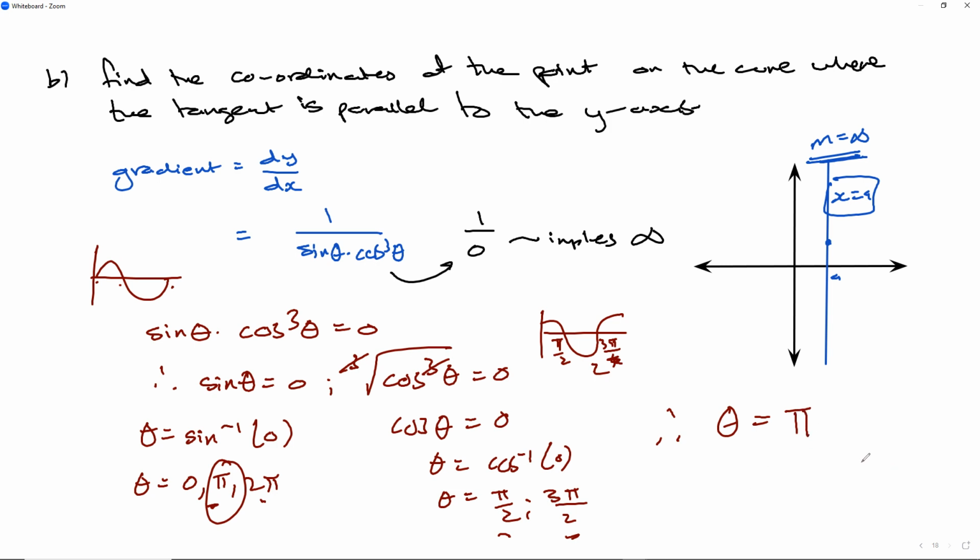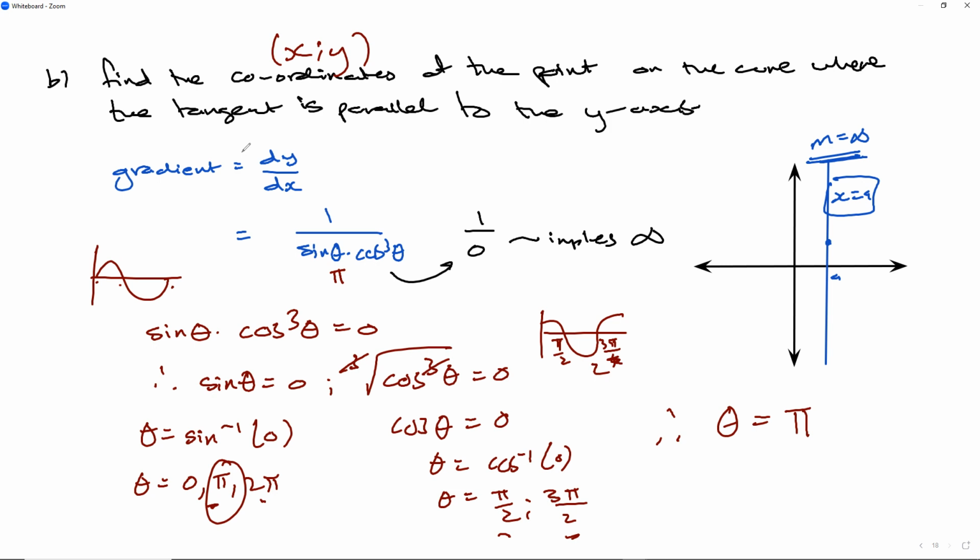And if theta is equal to pi, that means I can put pi into that. And we want to find the coordinates of the point on the curve where the tangent is parallel to the y-axis. So we want to find the x value and we want to find the y value. So if I know that theta must equal pi, then I know that I can go backwards and find it, right?